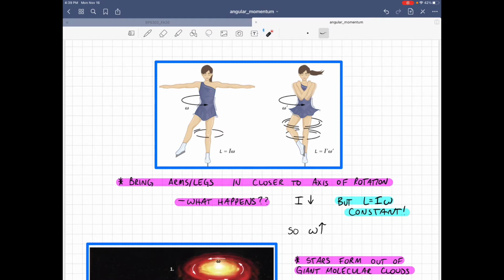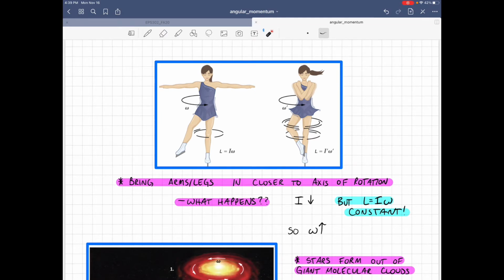And then as the skaters pull in their arms and legs so that there's less distance from the rotation axis to the rest of the mass of the body, then the angular speed will increase, because the moment of inertia goes down, but this quantity I omega has to stay constant. So if I goes down, omega has to increase.